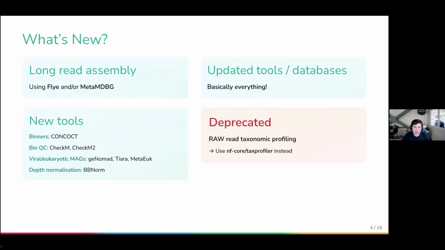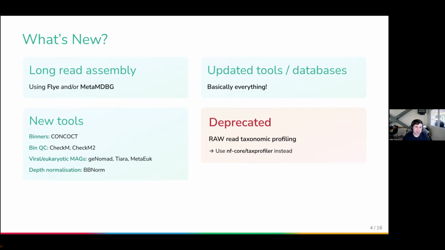So in these years, we have been adding several tools and features, but probably the most awaited feature that has been requested a lot was supporting long-read-only assembly, that finally has been added in 5.0. This uses Flye and metaMDBG as options for the assembly.